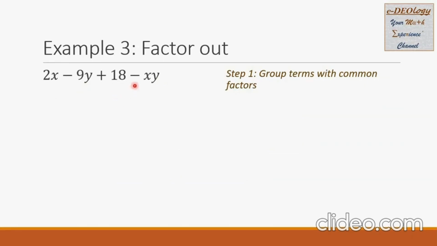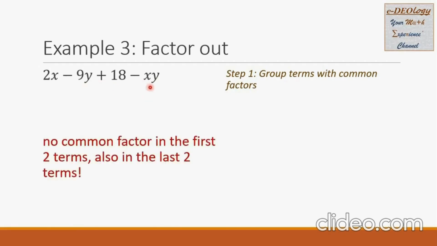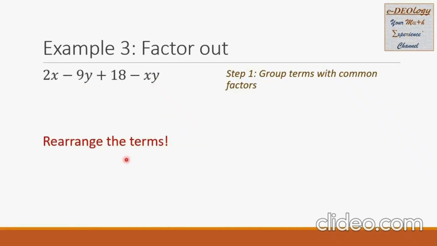Also, the 18 minus xy, if I group these two, there is no common factor for these last two terms. So what I'm going to do is to rearrange the terms. I can put the 2x on the last part. So it's now negative 9y plus 18 minus xy plus 2x.